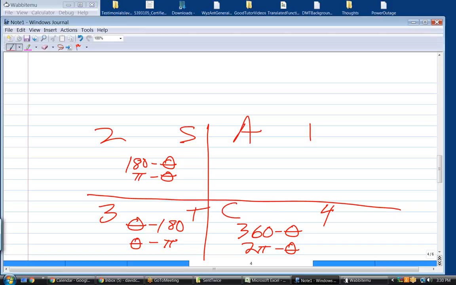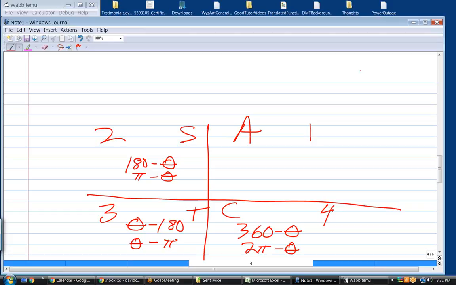Everything you see on the page right now is all you need to find the trig value of any angle that is one of your common multiples of 30, 45, or 60. In other words, something like 225, 300, 210, all of those angles can be done using just this information. It's a three-step process.